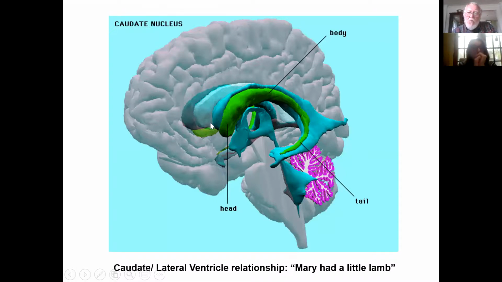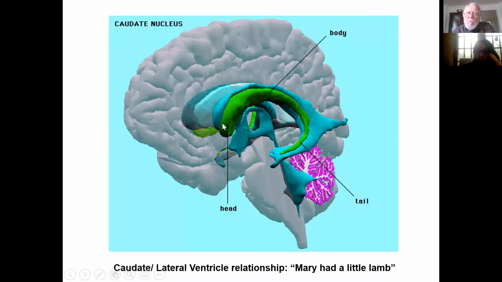The lateral ventricles can be divided into the anterior horns, which are primarily in the frontal lobe, the body, which is primarily in the parietal lobe, and the posterior horn going to the occipital lobe, and then the inferior horn of the lateral ventricles that goes into the temporal lobe.